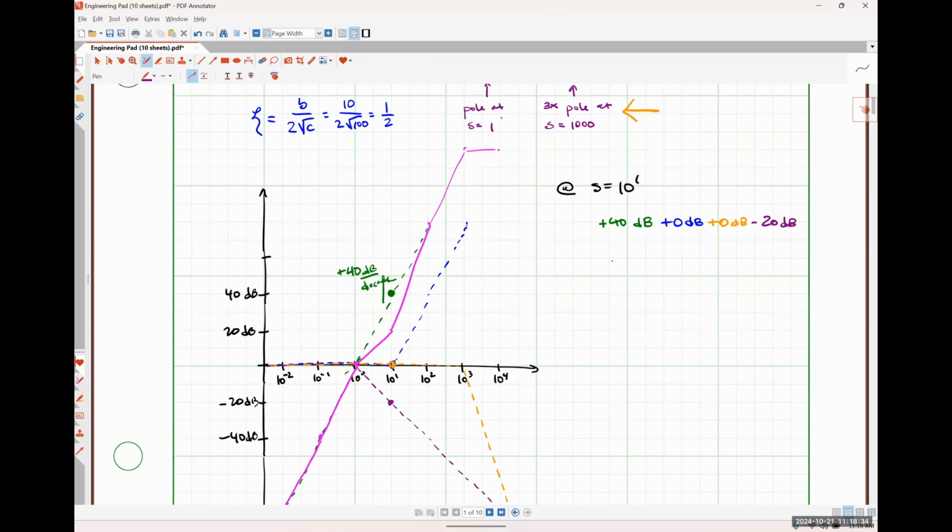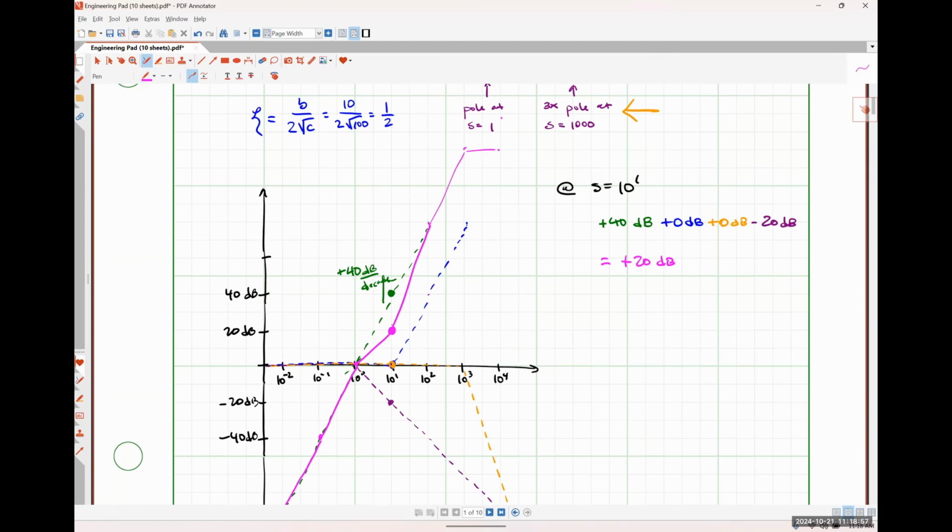So when we add all of those together, we have positive 20 dB. So that's why I have a point right there on my response graph. And I'm just doing that for every decade, and then I'm just connecting the dots.